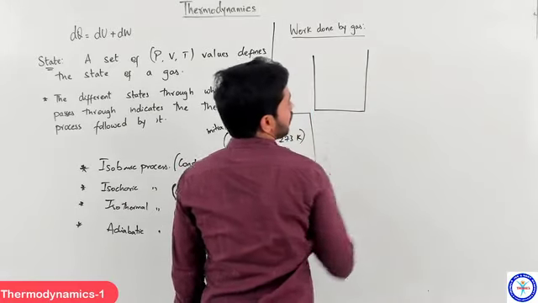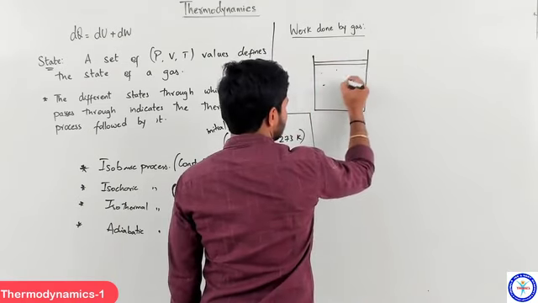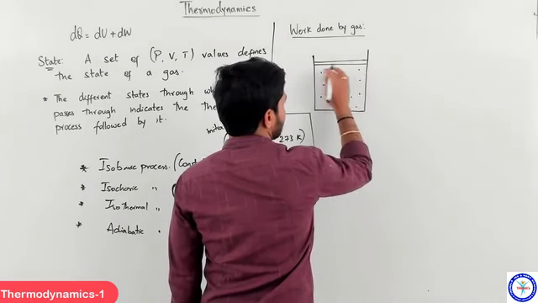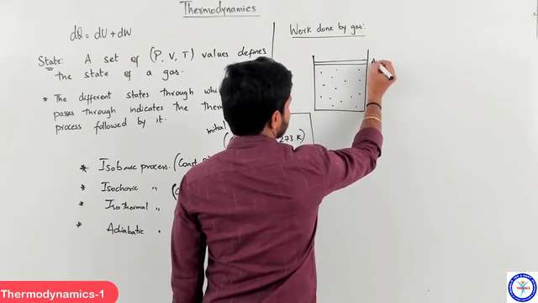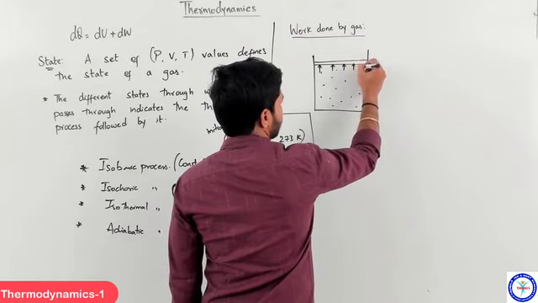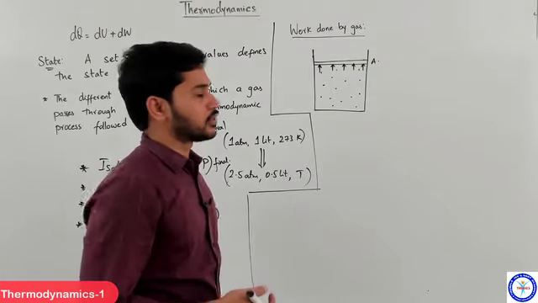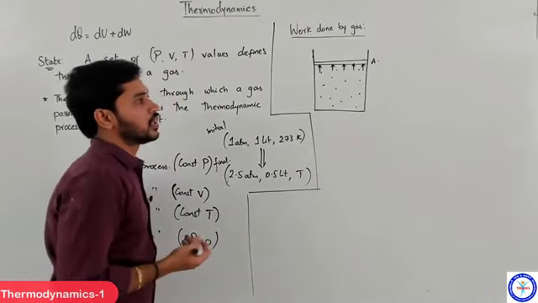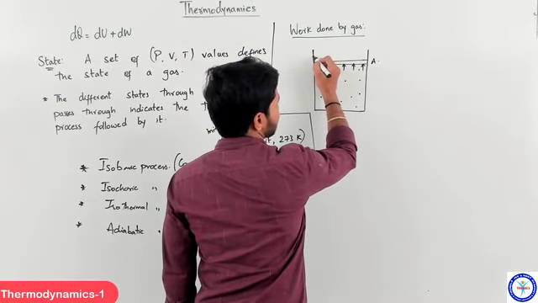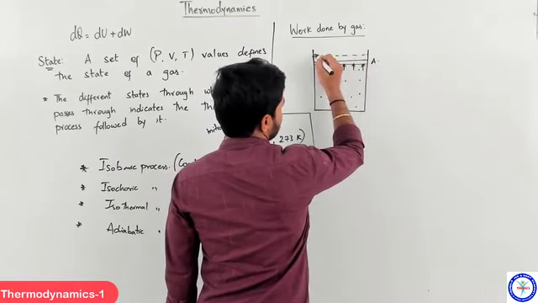To calculate that, we can use a very simple idea. Let's say we have a container like this, in which we have a piston, and the gas present inside is enclosed at a pressure of P. Let's say the pressure is P, the cross section area of the cylinder is A, and so the gas present here will be applying a force on that piston because the pressure of the gas is P and the area of the piston is A. So the force applied by the gas is P into A. Now let's say because of that pressure this piston moves, and the gas expands till here.